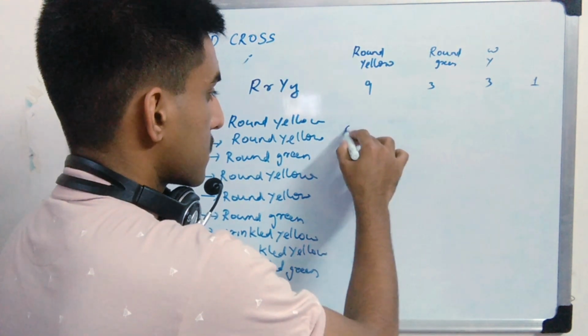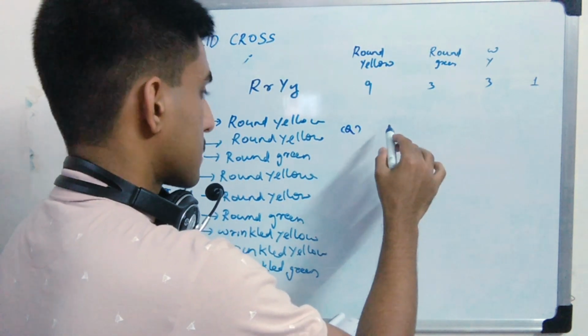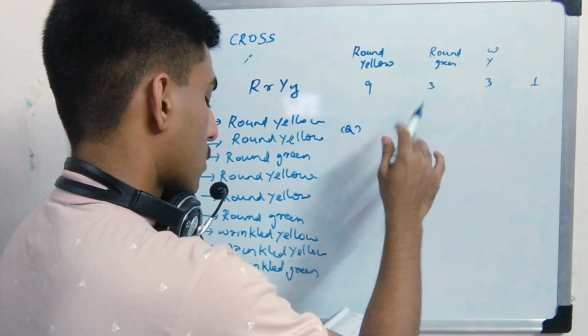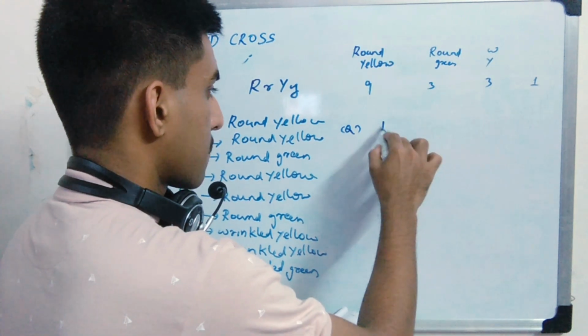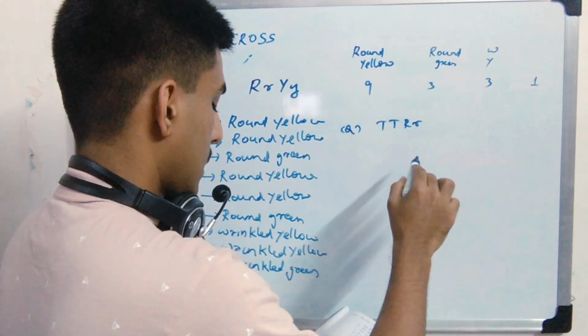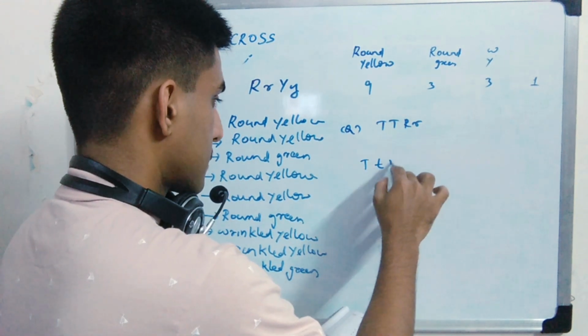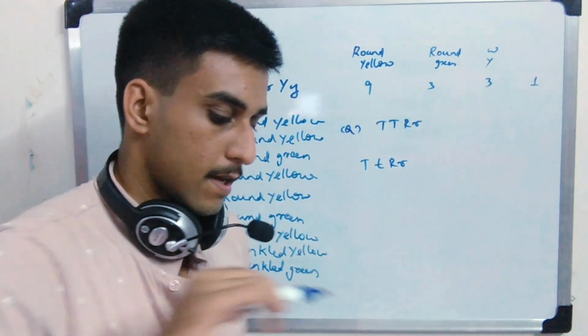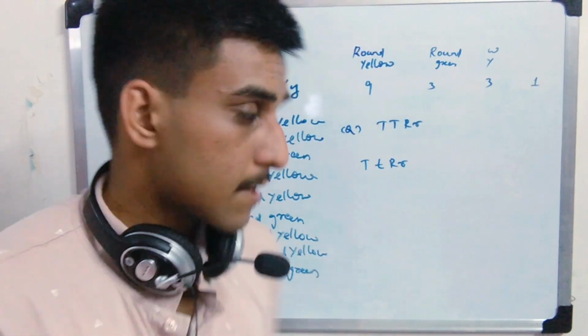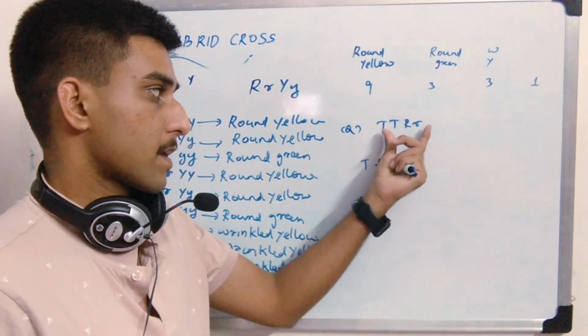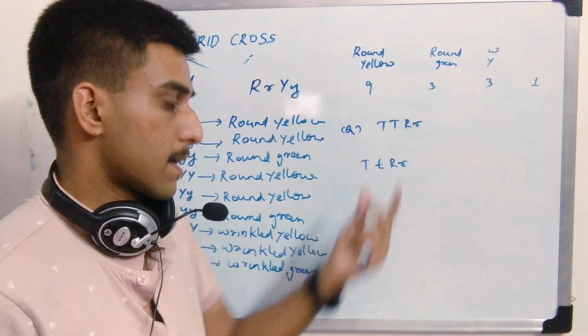So the question is that we need to find the frequency of this genotype in the offspring of the dihybrid parents. The parent is this, the parent genotypic condition. So we need to find the frequency of this genotype combination.